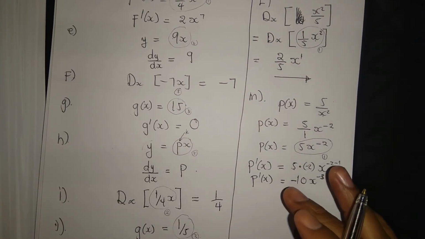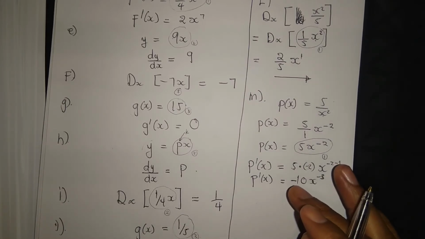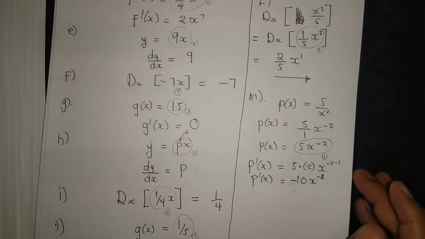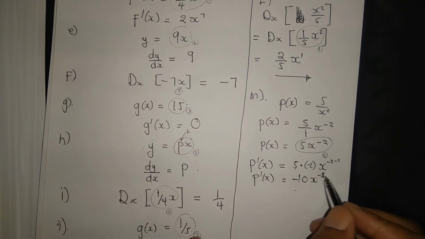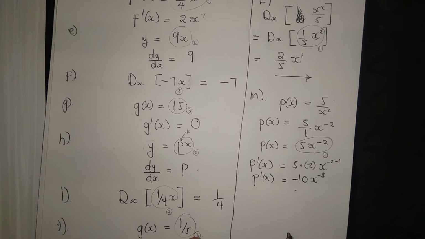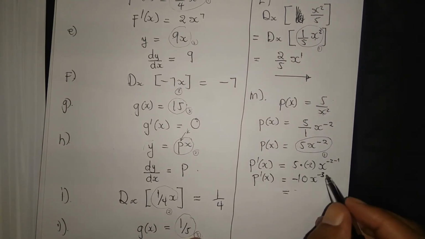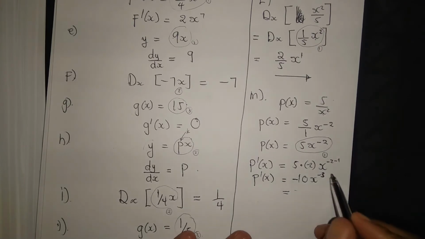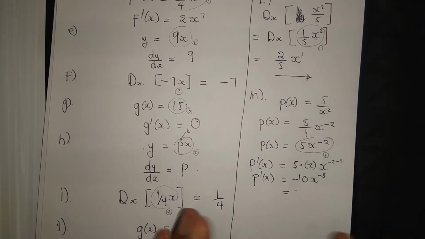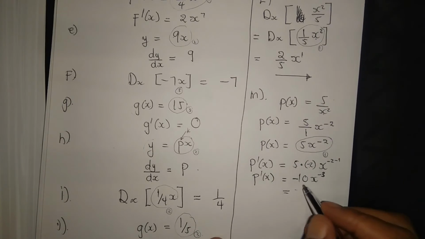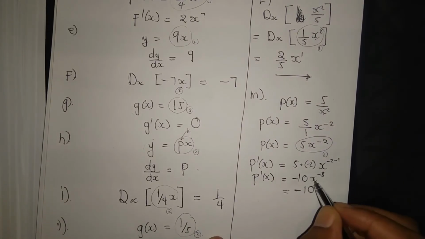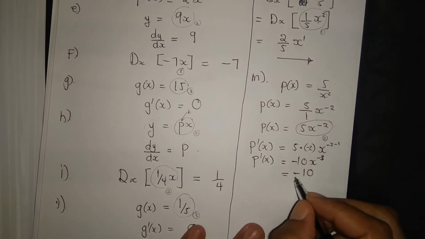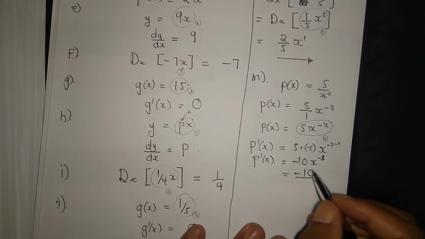Now, nginokubona ama-memorandum even nase-high school nabangifundisa nami way back. But i-answer yethu singayishiyi with ama-negative exponents. Ne? So this is equal to, nangabe i-final answer yakho ungayishiyi nama-negative exponents, but amanye ama-memorandum they give you a mark for finding the correct answer. Noma ungayishiya la, it's still fine, but uma ngabe ufuna ukubhala i-answer yakho as a positive exponent, ungavele uthi minus 10 x exponent 3.